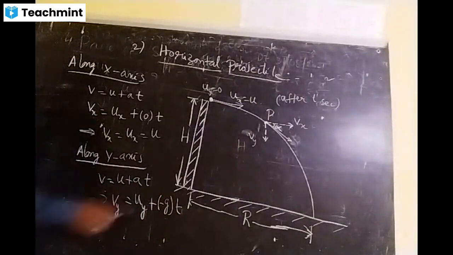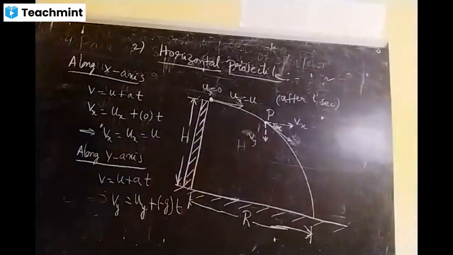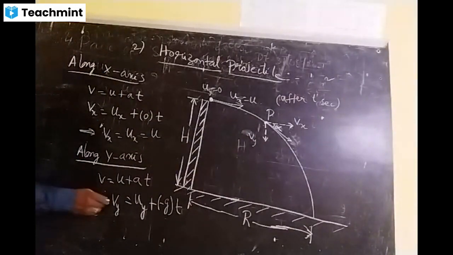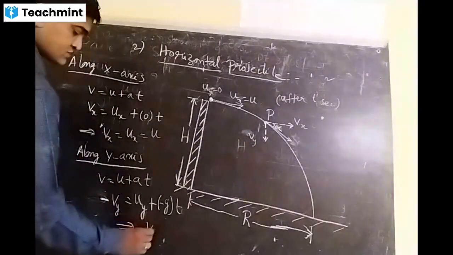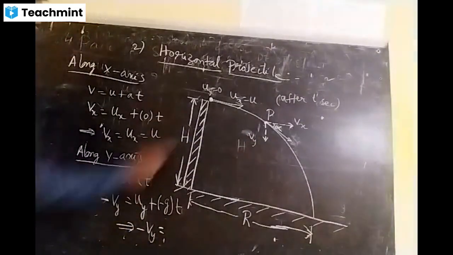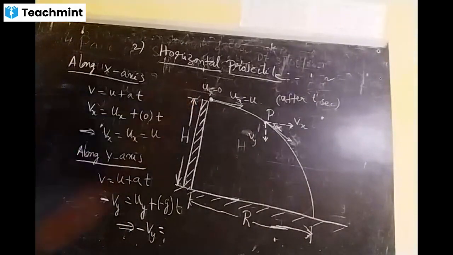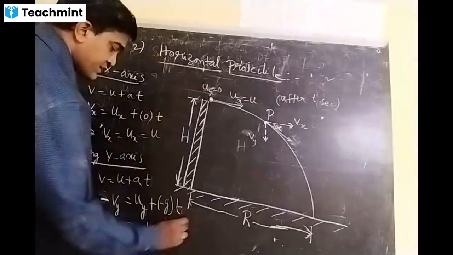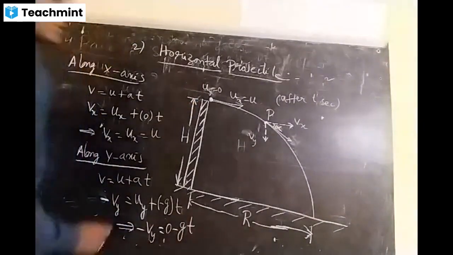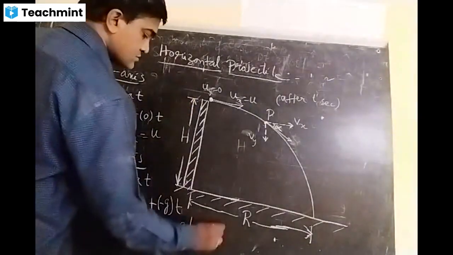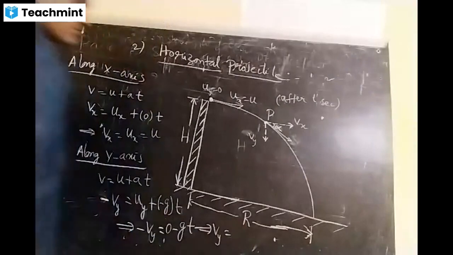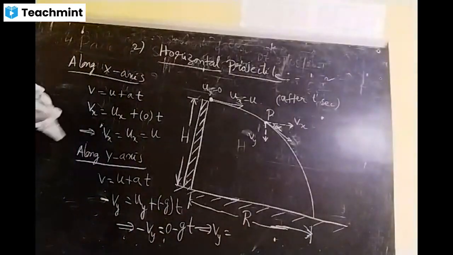But Vy is in what direction? Negative, downwards. So Vy is equal to Uy value, which is 0, minus gt. 0 minus gt is how much?